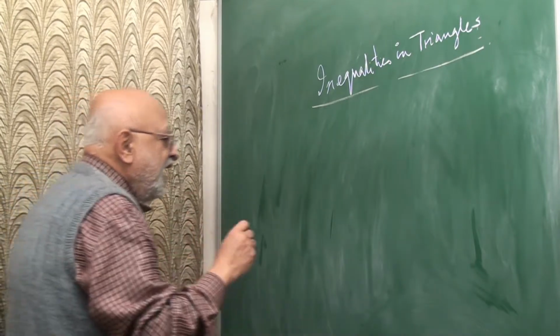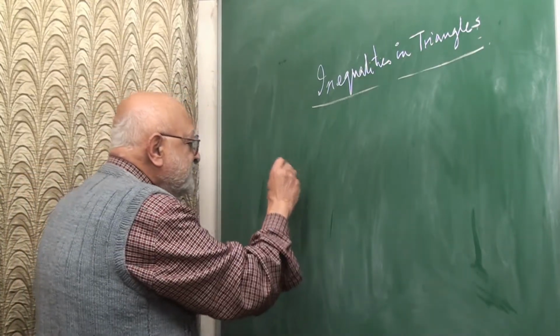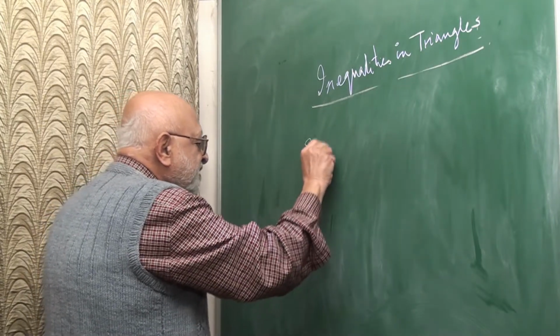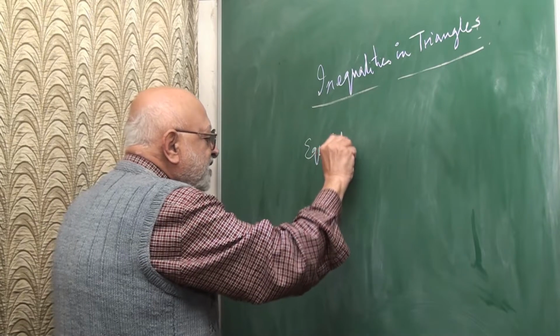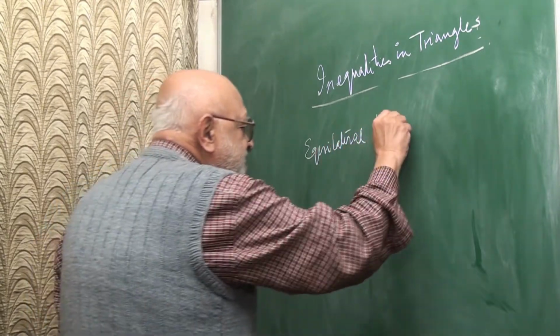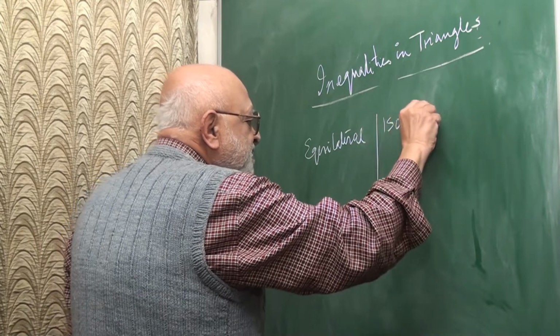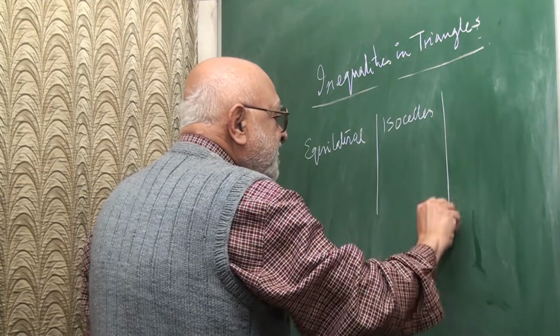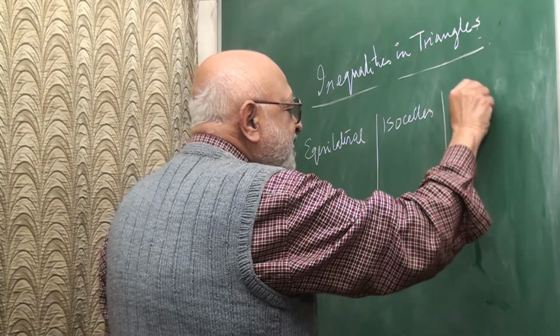We know we have three types of triangles. First of all is equilateral, then we have isosceles, and we have scalene.